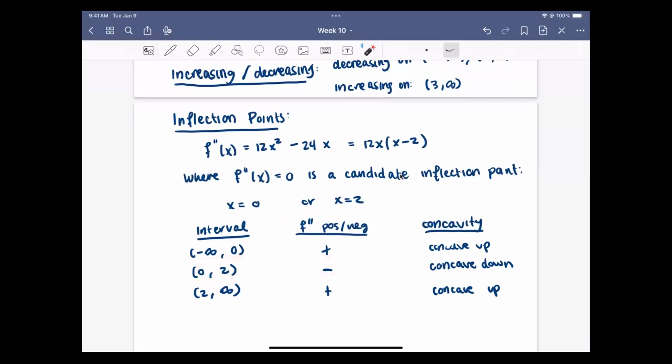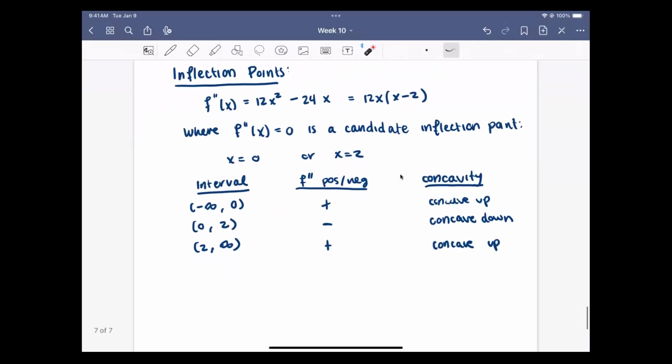So it changes from positive to negative or negative to positive. Okay, so x equals 0 and x equals 2 are both inflection points.